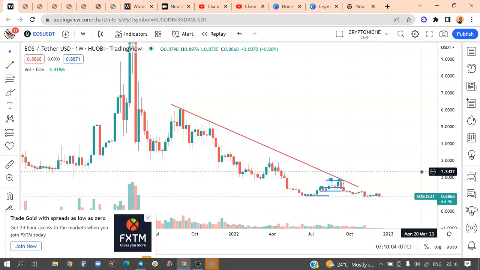One of our goals today is to find the realistic entry and exit level.